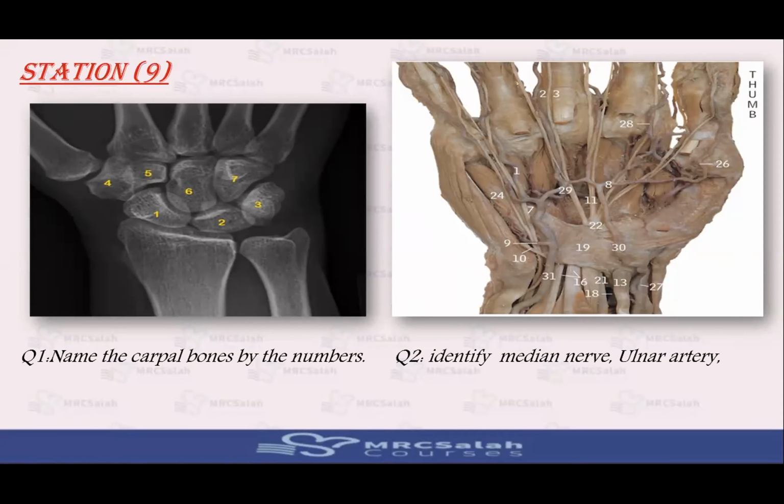Yes, 2 is lunate. Number 1 is scaphoid. Okay, number 4? Trapezium. 5, trapezoid. 6, capitate, and 7, hamate and hook of the hamate.